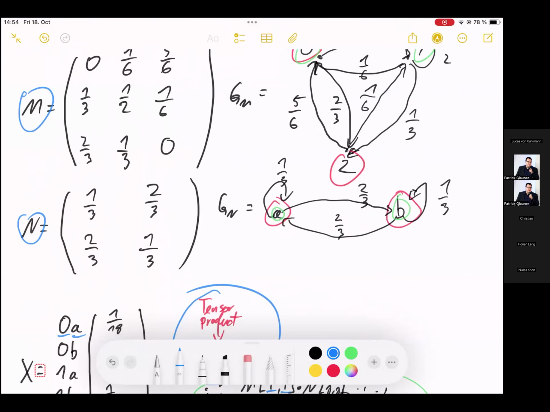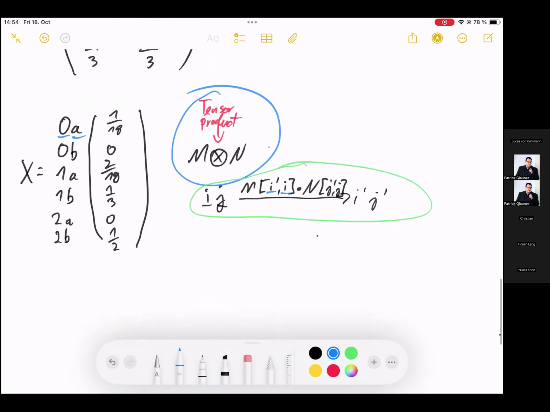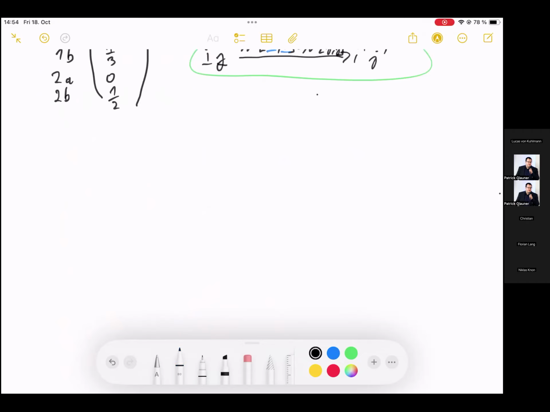If we multiply a 3 times 3 matrix and a 2 times 2 matrix, our tensor product will lead to a 6 times 6 matrix. Concretely, I'm going to say the tensor product of M and N.